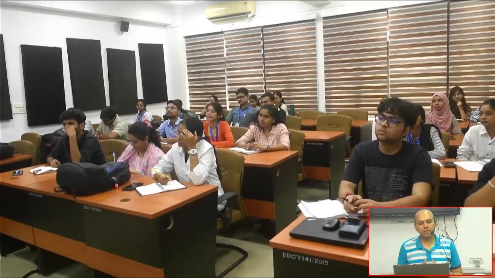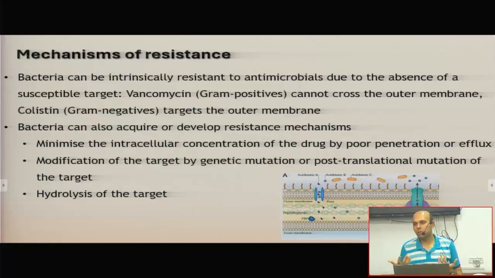So bacteria can also acquire or develop resistance mechanisms. I think you know what I mean by acquire, right? You are acquiring it from outside, or you're developing it, meaning maybe you have a mutation. They can do that, for example, by minimizing the intracellular concentration of the drug, by poor penetration or efflux.